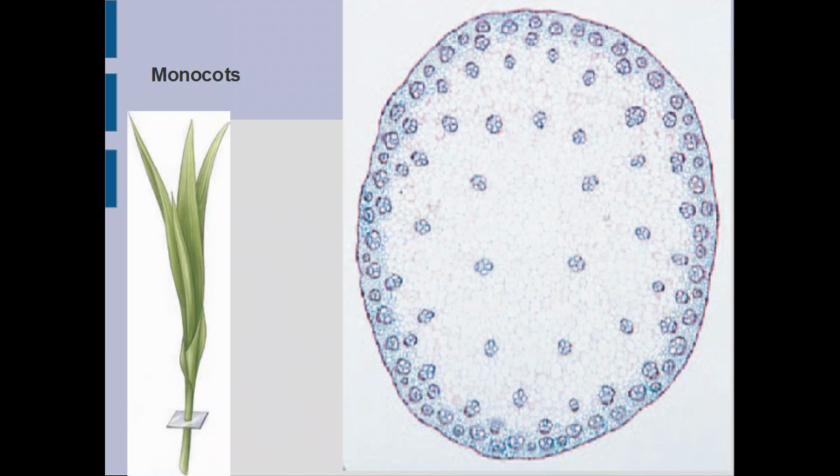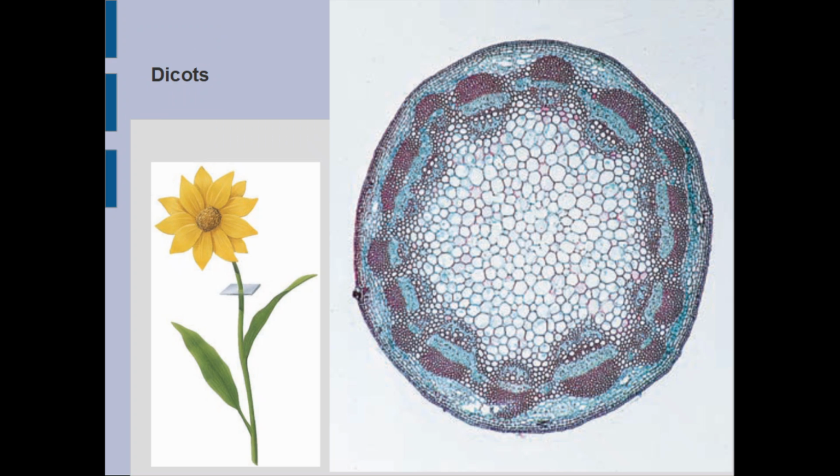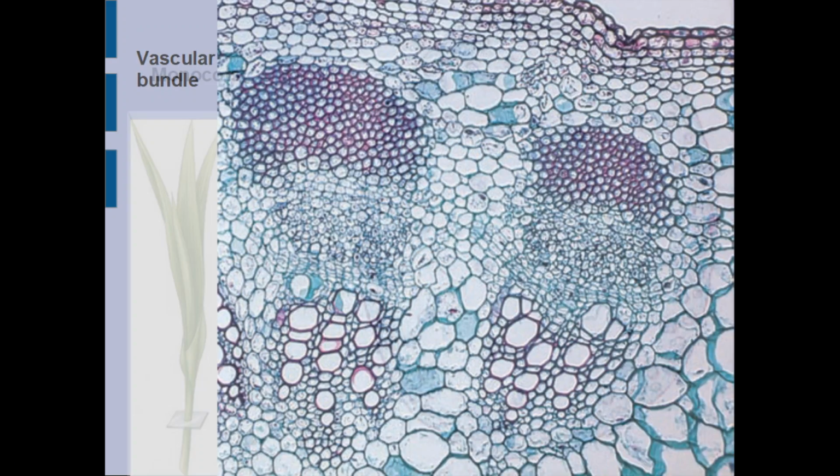The monocots are different. So if you look under the microscope, you can easily distinguish between the dicots. This is dicots or eudicots, and this is a monocots.